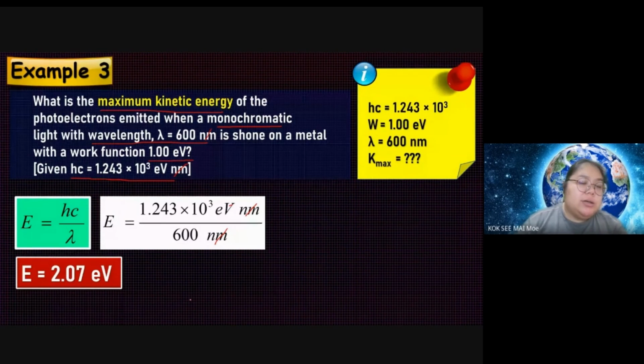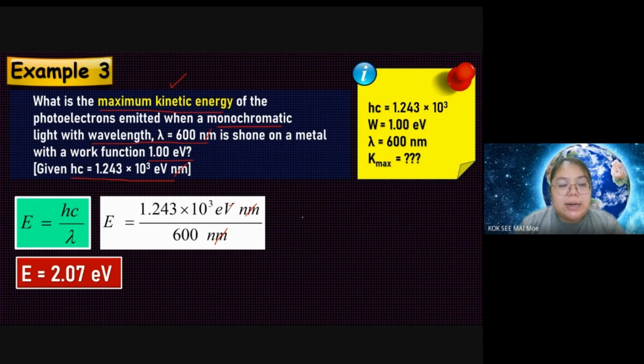The energy now is 2.07 eV. You can refer to the question. They never provide E in joule, they never mention how many joules. So we no need to convert. Our unit is only in eV.